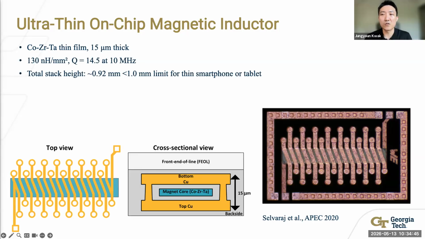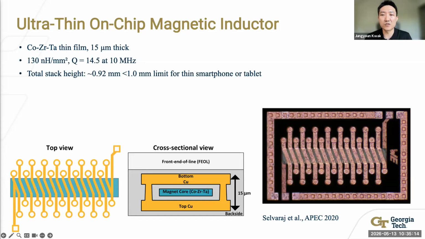A spiral copper coil sits on top of the cobalt, zirconium, titanium oxide amorphous magnetic film. The film is made by sputtering at low temperature, within the back-end-of-line thermal budget. The measured inductance density is 130 nanohenry per square millimeter, with a quality factor Q of 14.5 at 10 megahertz.